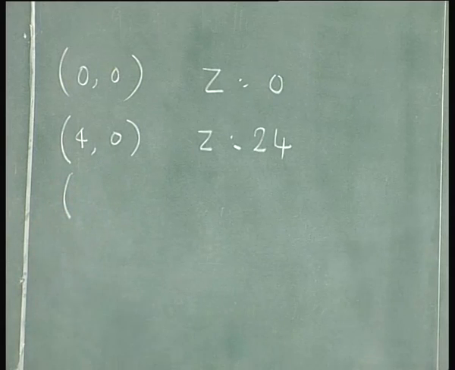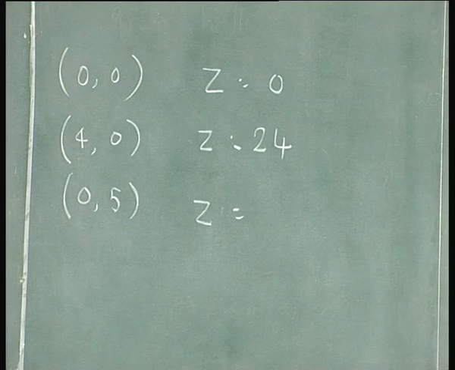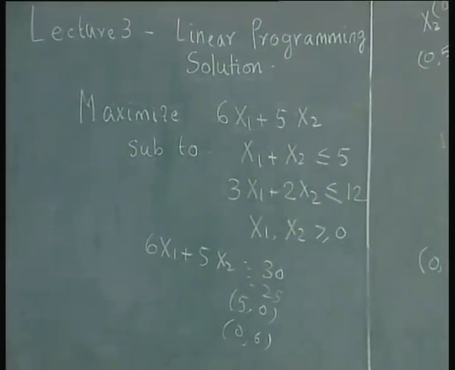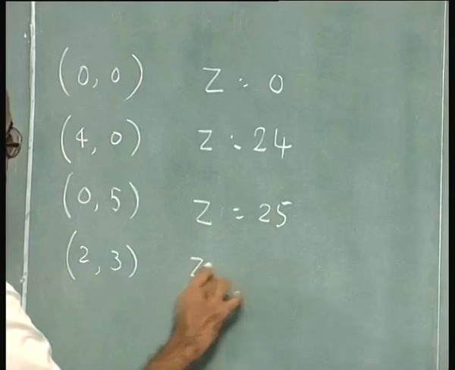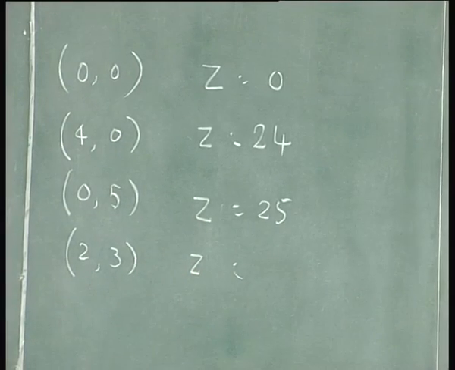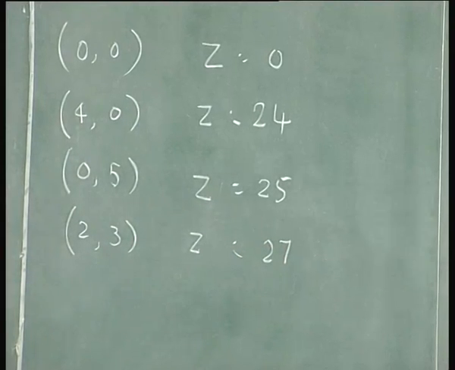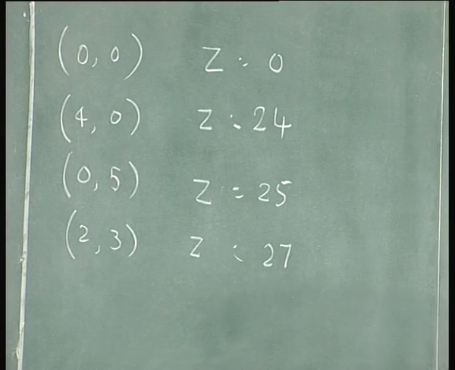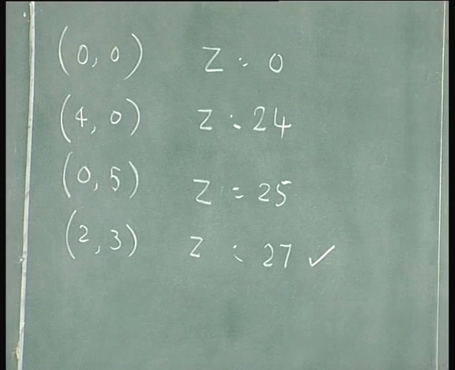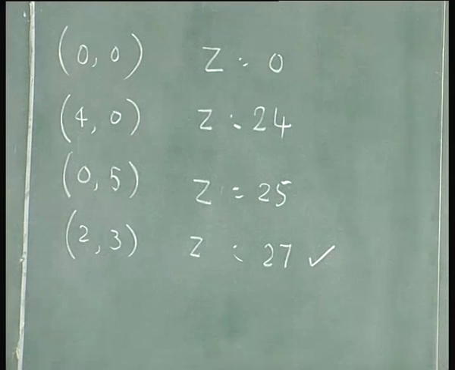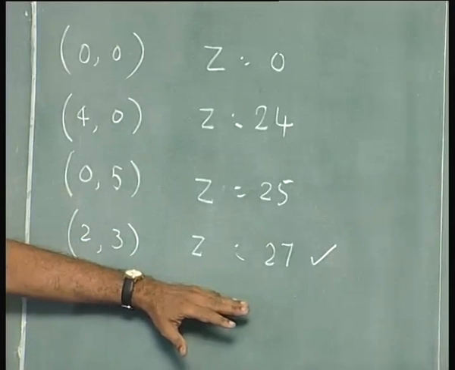For the corner point 0 comma 5, the objective function value is 25, and for the corner point 2 comma 3, the objective function value is 2 into 6, 12, plus 3 into 5, 15, which is 27. So, among the 4 corner points that we have, this corner point has the maximum value with respect to the objective function, and since we are trying to maximize, we realize that this gives the best solution for this example.